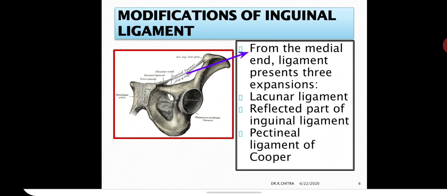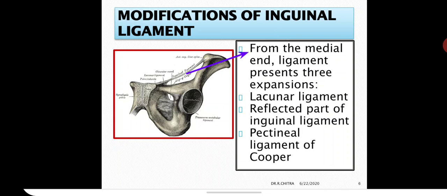And also in this image you can see the attachments clearly, attached laterally to the anterior superior iliac spine and medially to the pubic tubercle, which was not shown clearly in the last slide. It forms this grooved upper surface we have seen in the floor of the inguinal canal.